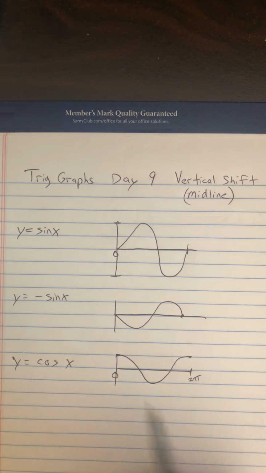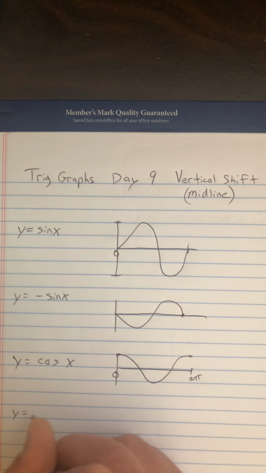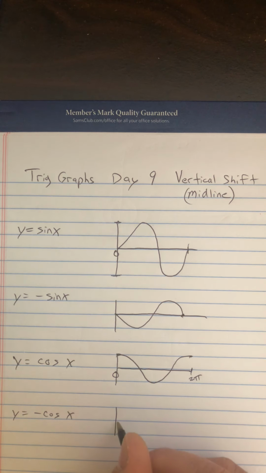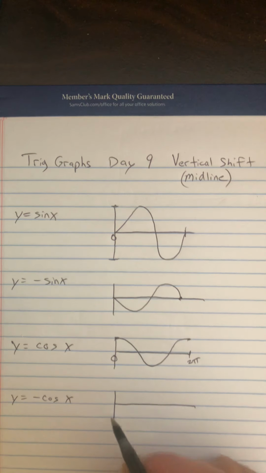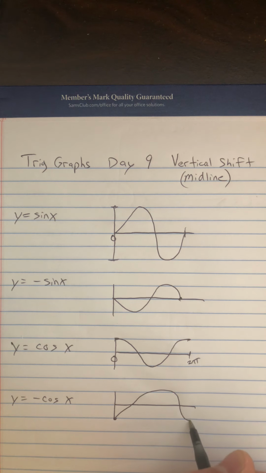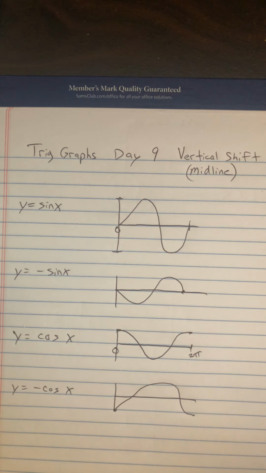It changes these numbers. If you have a negative sign, like negative cosine of x, same graph, just flipped over the x-axis. Instead of starting at the positive 1, you start at the negative 1. Oops, horrible picture, but you get the idea. So if you know your transformations, it's going to be a little bit easier. If not, there's still lots of things to keep track of.